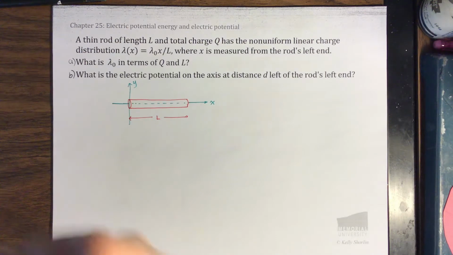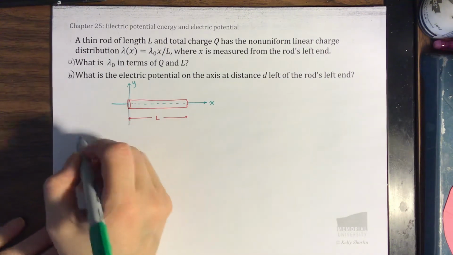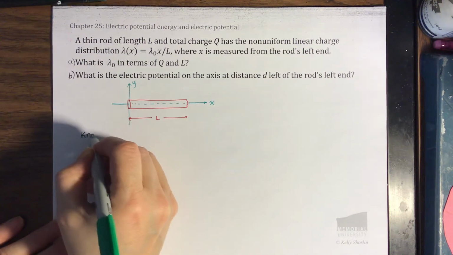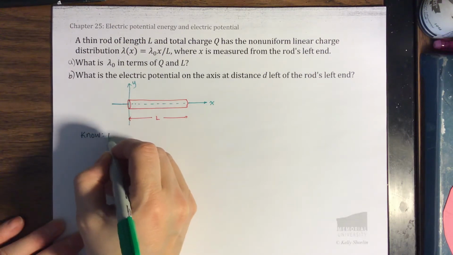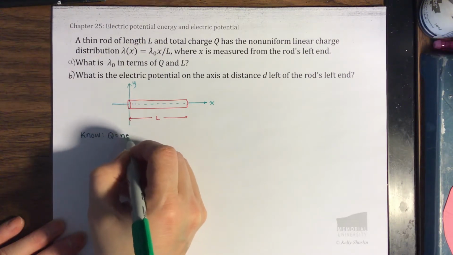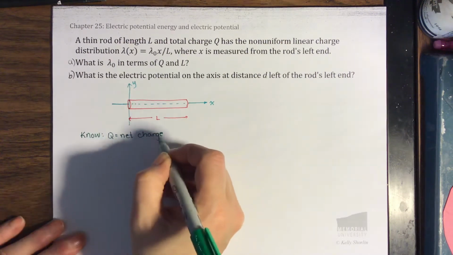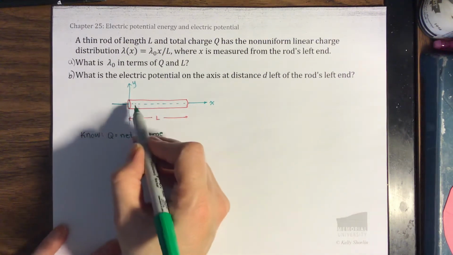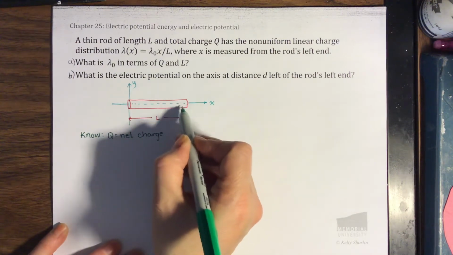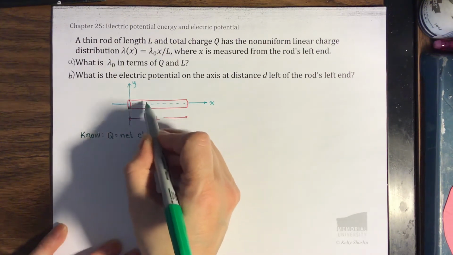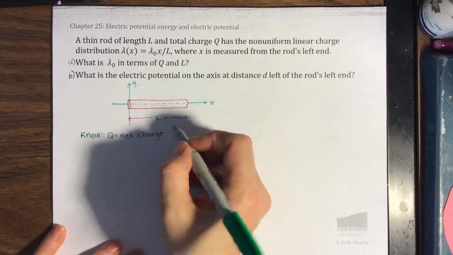So we know that the net charge is given by the symbol Q. We also know that we could get the total charge on this rod if we add up the charge in each little tiny slice of charge along the whole length.